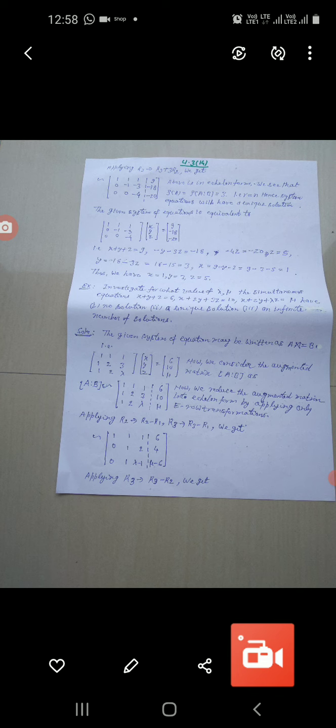Again we apply R3 as R3 minus R2, we get AB equivalent to, in the first row 1 1 1 6, in the second row 0 1 2 4, and in the third row you have 0 0 lambda minus 3 and mu minus 10.